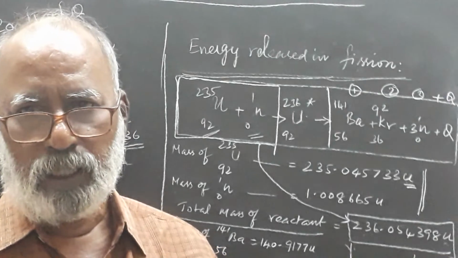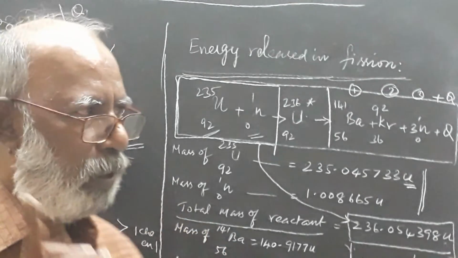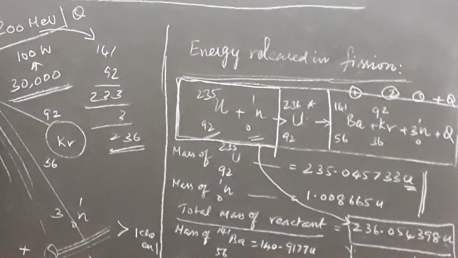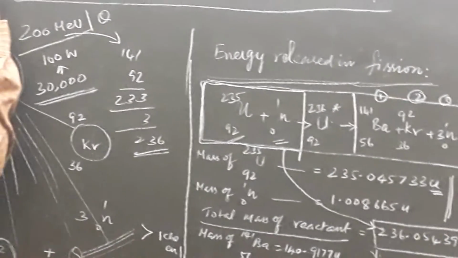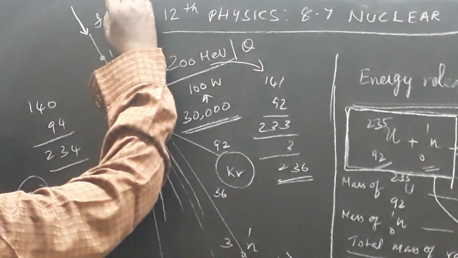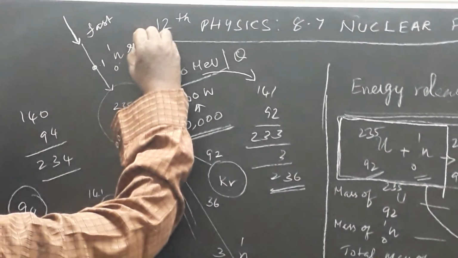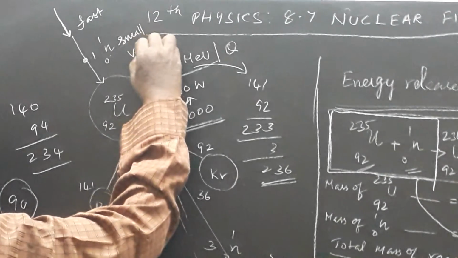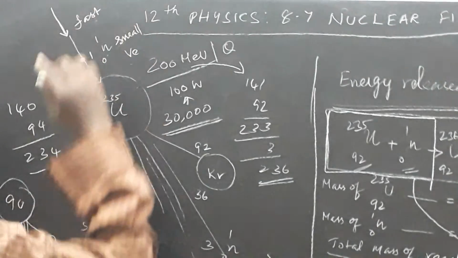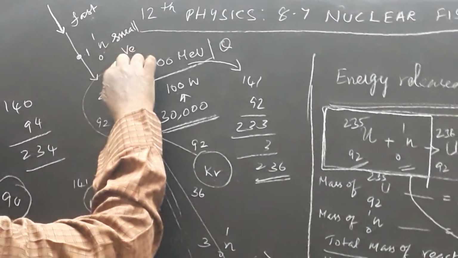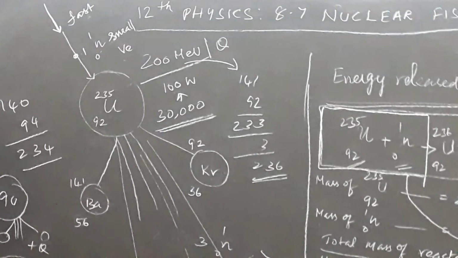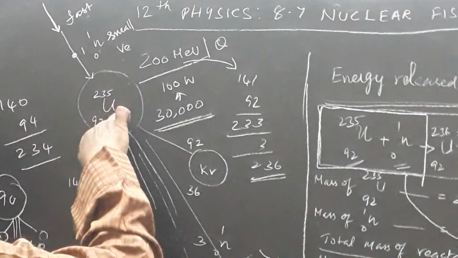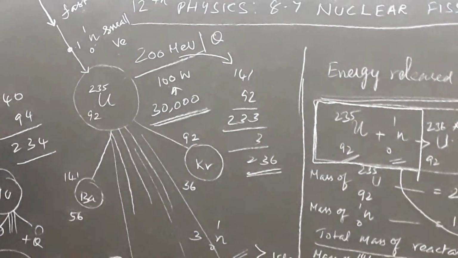Here the energy is released in a two-way process. One thing you have to remember: the bombarded neutron is not a fast neutron, but a slow neutron, a small velocity neutron. The fast velocity neutron is different from this small velocity neutron. That's why it absorbs the neutron to convert into the isotope of uranium.